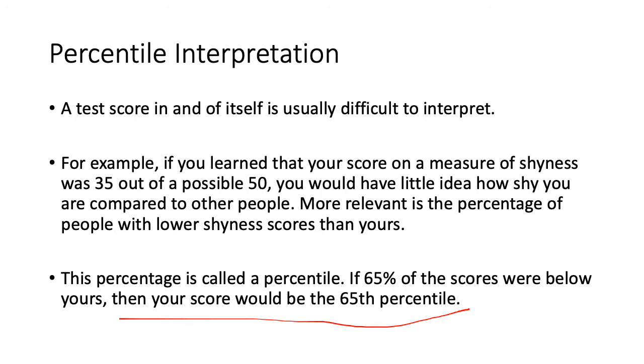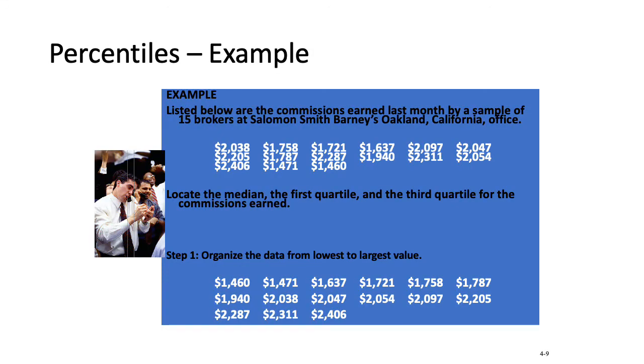Let's do an example where we will be using our location of percentile equation. Listed below are commissions earned last month by a sample of 15 brokers at Salomon Smith Barney's in Oakland, California office. First, we're going to organize the data from lowest to largest, and then we're going to take this data and find all of our different locations of percentile.